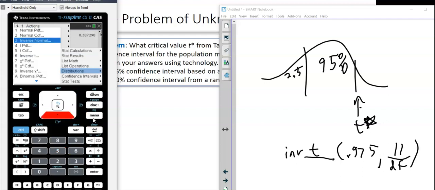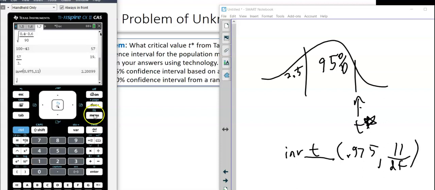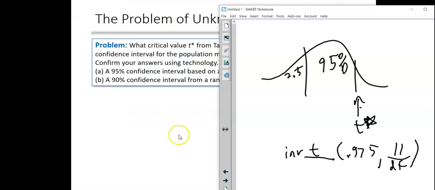And you can see, instead of these two we're used to, norm CDF and inverse norm, now it's TCDF for means, and what we're going to use right now, which is inverse T. So we're going to go to inverse T, 0.975, and then 12 minus 1 is 11. So we should get 2.2. So 2.2 is the correct answer for the t critical value.